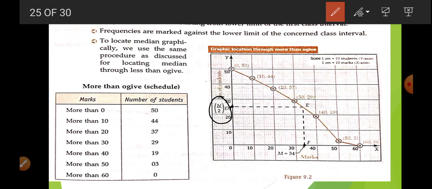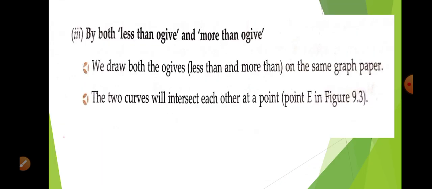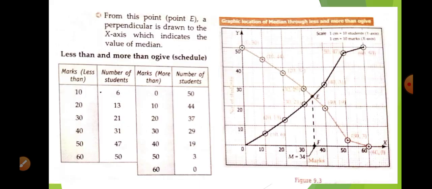So we will make the mark here on OY axis. From that point we will draw one line that is going to touch this ogive. So where it touches, from that we will draw one line that is going to touch x axis. Whatever value, that will be the median. Okay, and we can calculate median by using both less than and more than.